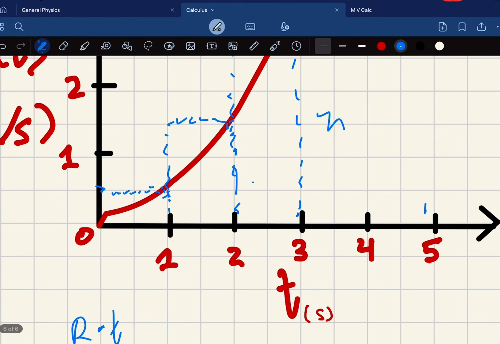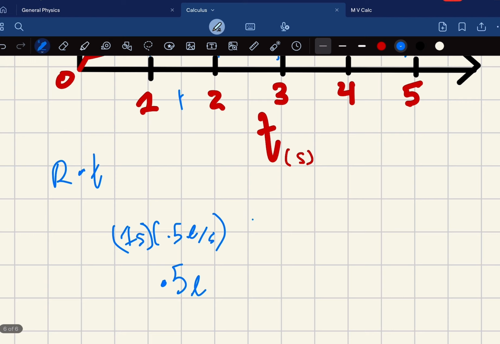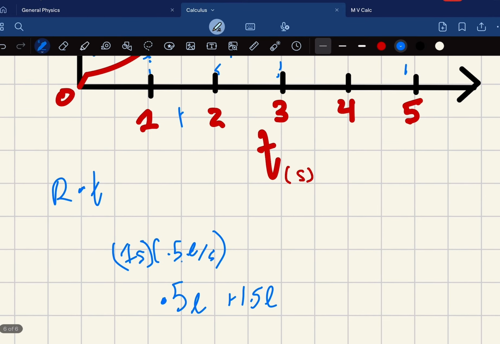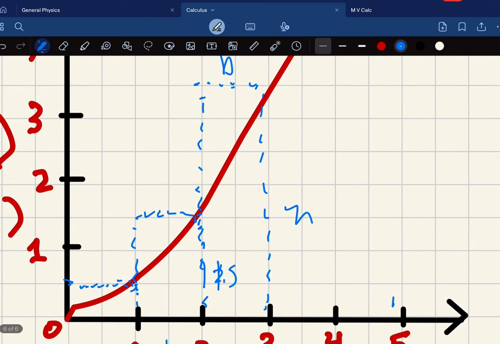This segment right here is 1.5 times 1. So this is equal to 1.5 liters. And since all of these are multiplied by 1 second, we are just going to be skipping this step right here, as we will just get rid of the units per second for the height.